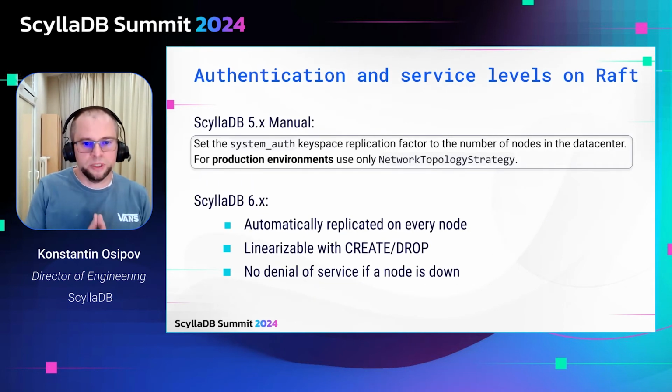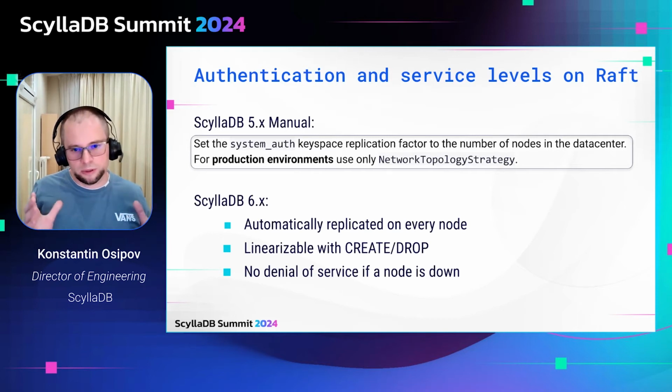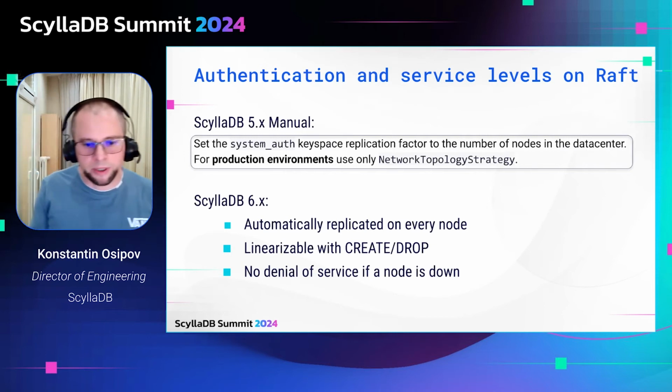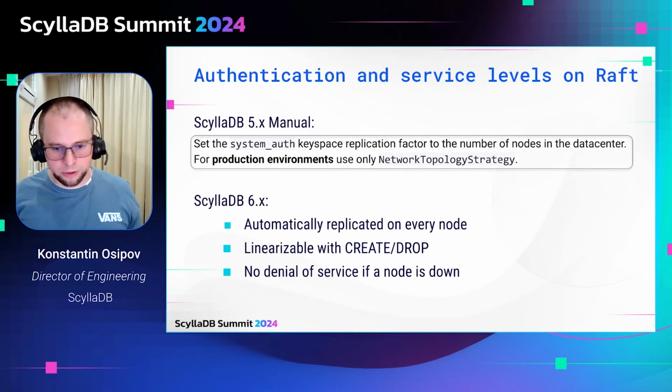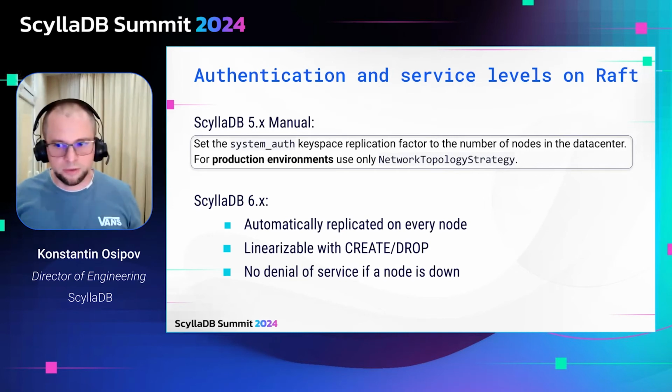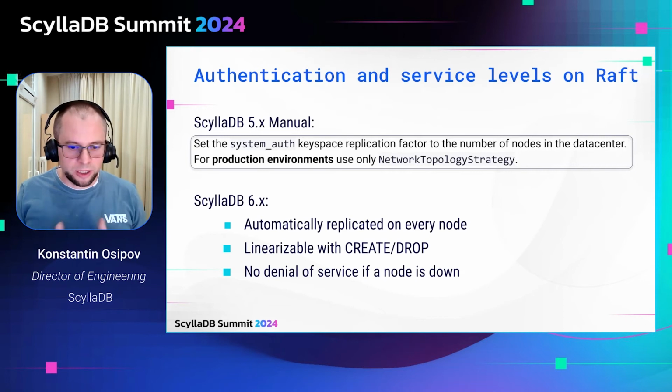Another positive improvement is that we moved authentication and service level data to Raft as well. So now they are globally replicated, meaning they're present on every node in the cluster. Besides having to adjust the replication factor in practical installations, as you can see in the quote from the Scylla manual that I'm showing here, it was also a denial of service problem.